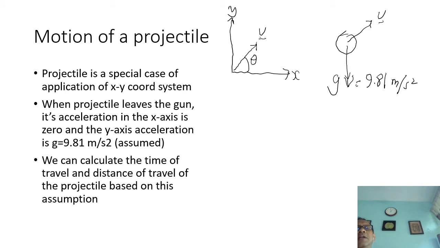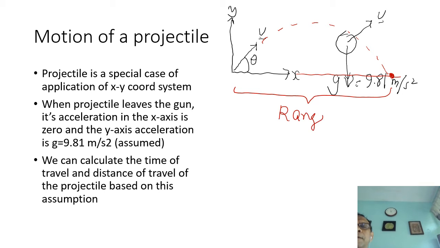So when a projectile is traveling, the key issue is to find how far it travels, which is called the range, and how long it travels, the time of travel, that is, how long it takes to move from the origin to the place where it landed. So we can make some calculations there.